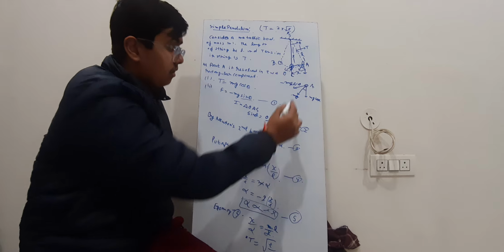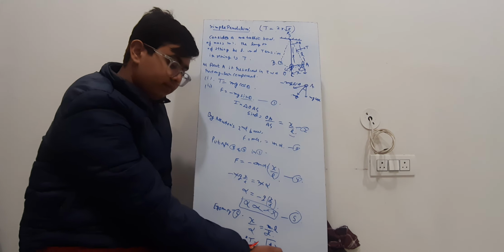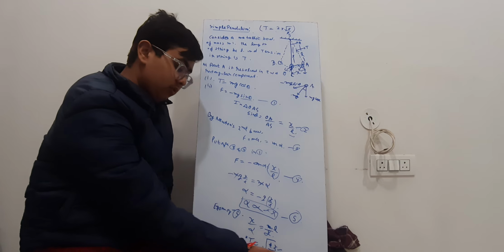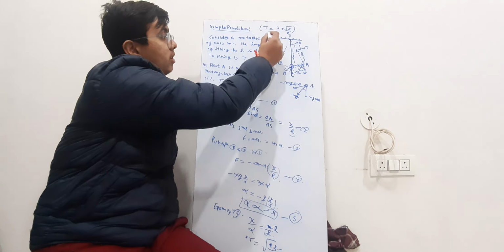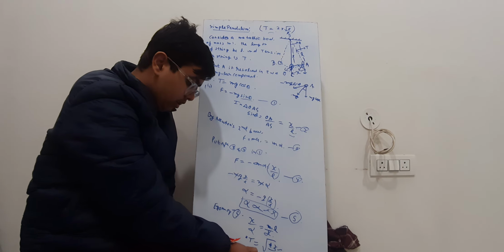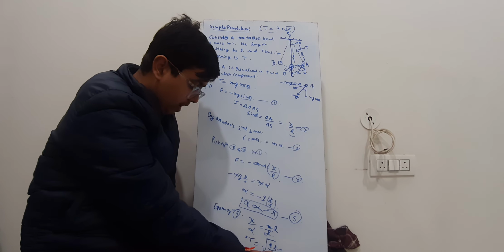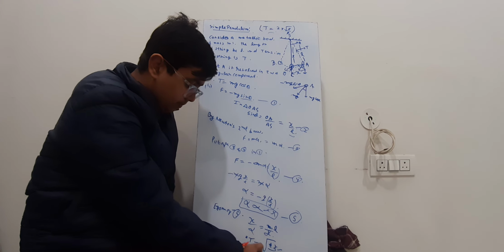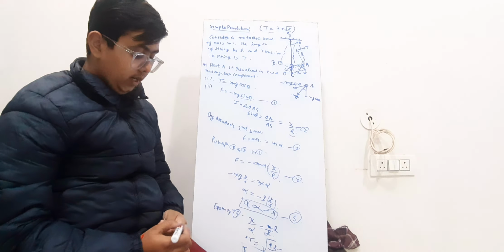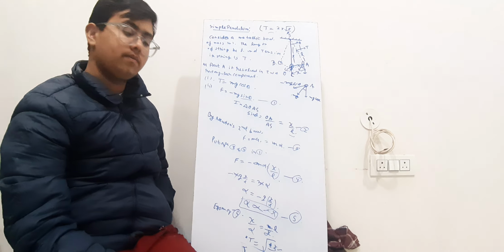Here L is x, the displacement, and g is gravity. So we prove the expression by adding a constant: T is equal to 2 pi root L by g. So this is the complete derivation of the simple pendulum. Please note it down.